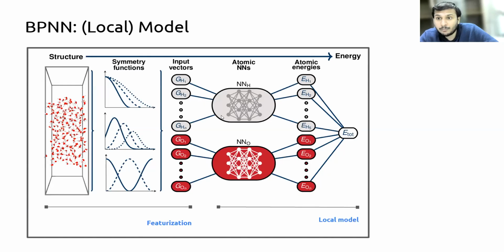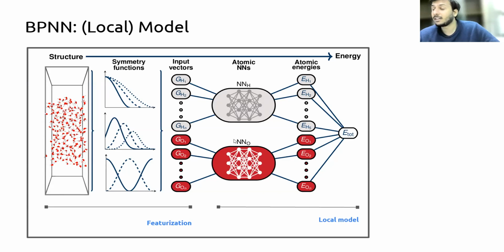So again, just to sum it up, instead of regressing the total energy of the system by a single model, it is useful to regress the individual atomic energies of different atom types, and then predict local energy.